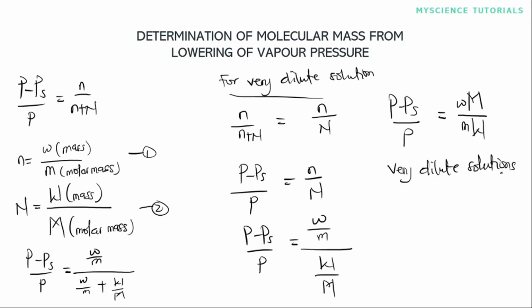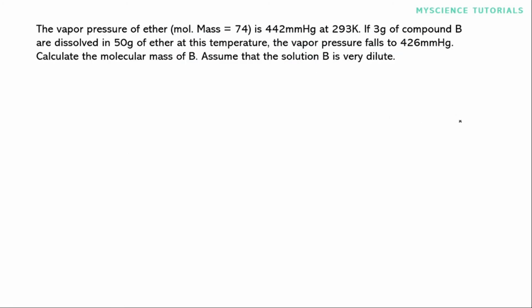Alright, so let's have a look at two examples on how to use these derivations: the normal one without very dilute solutions, and the one where we use the very dilute solution formula. The first one we want to look at is this: the vapor pressure of ether with a molar mass of 74 is 442 mmHg at 293 Kelvin.